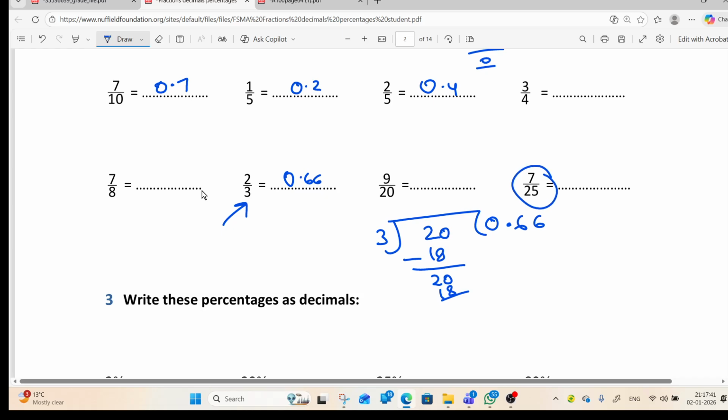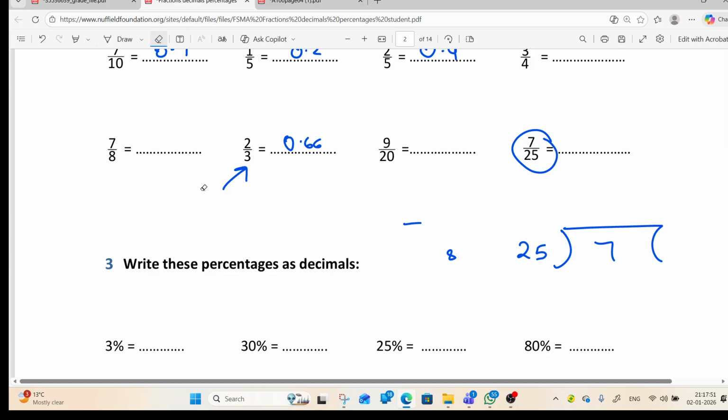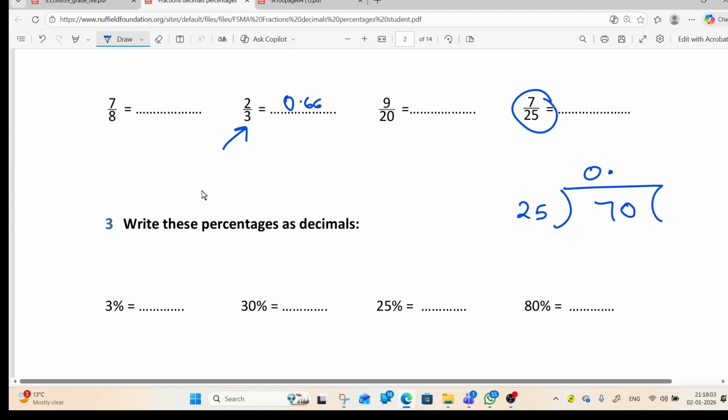Let's try this, 7 over 25. That means you need to divide 7 by 25, right? Try this. First we put a decimal there, and with that decimal we put a 0, right? 25 times 2 is 50.